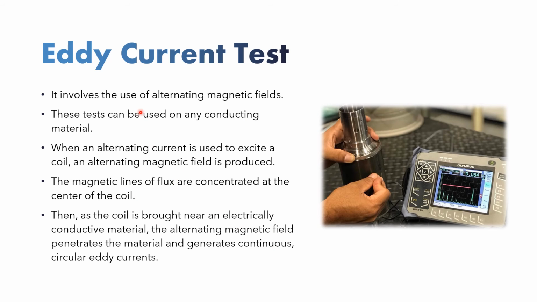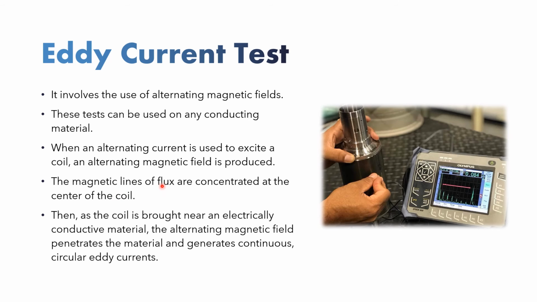So let's refresh eddy current. When an alternating current is used to excite a coil, don't forget what current is, the flow of your electrons. That flow is going to excite a coil, meaning inside of the coil material, which is conductive, your current is flowing in it. So what we get is an alternating magnetic field.